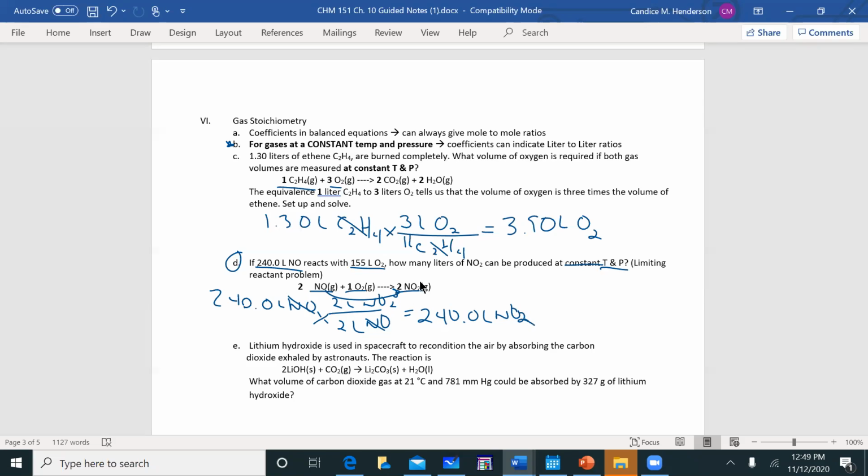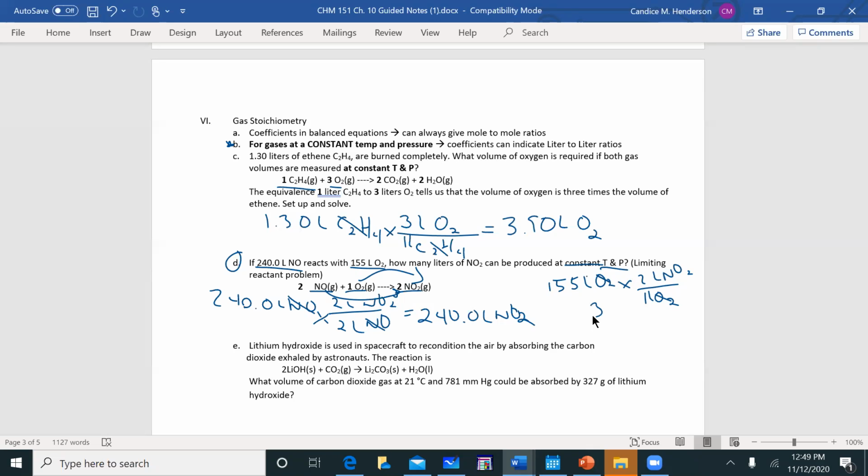Then I want to run through the same thing with the second one here. So if I have 155 liters of O2, I'm going to jump from my O2 into my NO2. And in this one, one liter of O2 will yield 2 liters of the NO2. All right, so in this case, we need to multiply by 2.